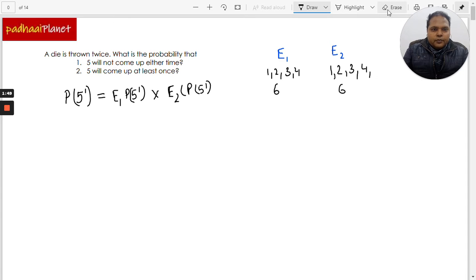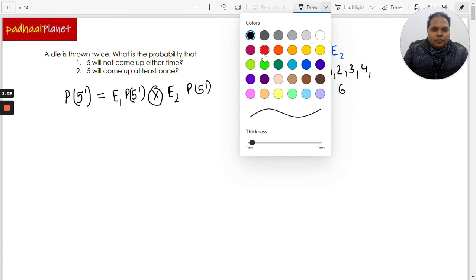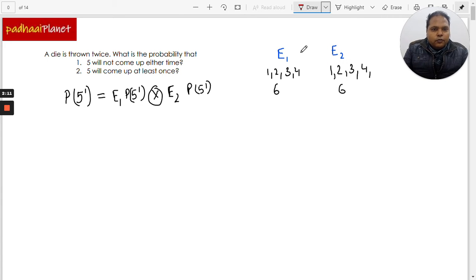Now the important thing to understand is why we are multiplying both the probabilities. See, why we are multiplying is that the condition is that 5 will not come up either time. So that means our complete condition will get fulfilled only when in both the events 5 will not come.